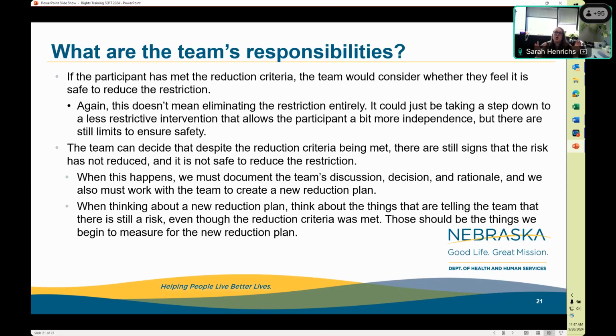And the world already looks like that if your reduction criteria are met, but something else is telling you that there's still risk. So you have to create your reduction criteria around that. You can't leave the same ones in place, because we're already in that world where it's met and we're still saying it's not safe to reduce the restriction.